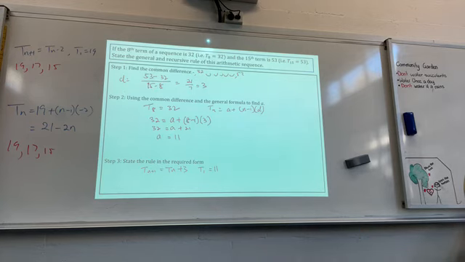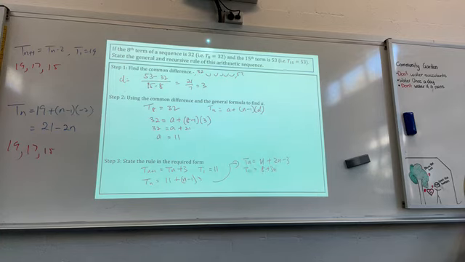All right, so I'm going to show you the difference as well. Tn equals a, which is 11, plus n minus 1 times 3. Correct? Or expanding it, Tn equals 11 plus 3n minus 3, therefore 8 plus 3n.